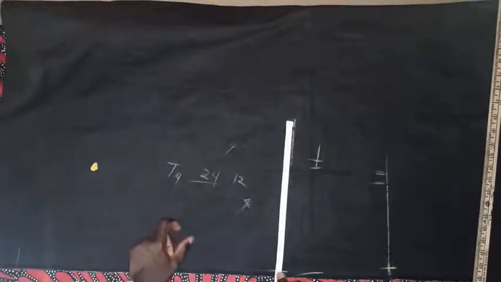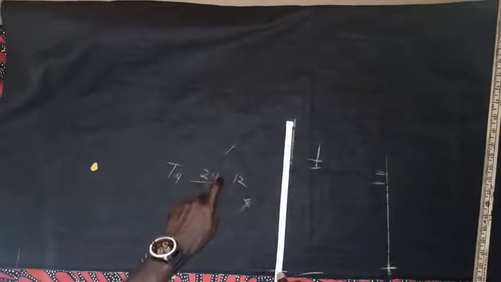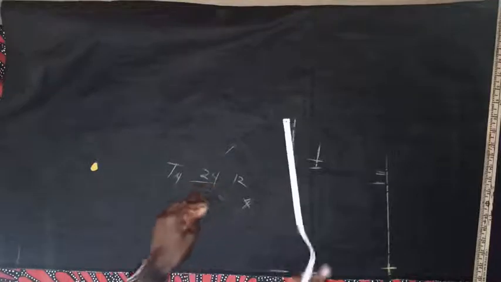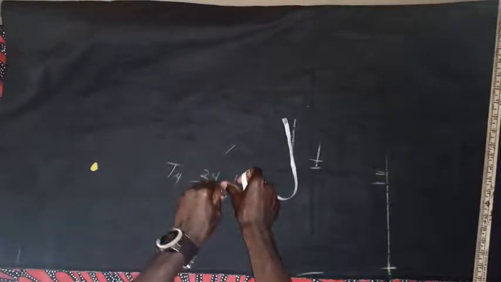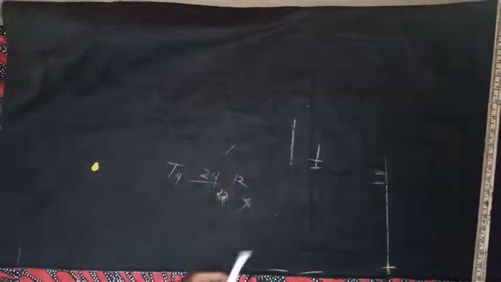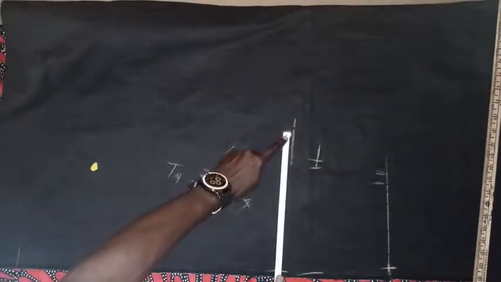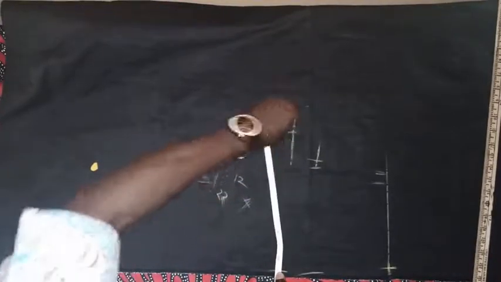Sorry, we say our tie is 22, not 24. We're using a tie of 22. So when you divide 22 by 2, you'll have 11 inches. So this is 11 inches.